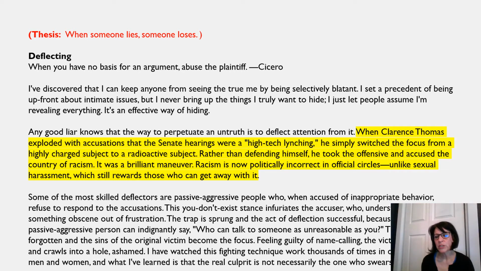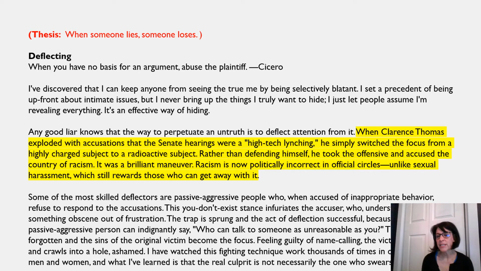And his strategy or his defense was not to really address the issue of whether or not he was harassing her or not, but instead he claimed, look, the only reason why you've gone after him is because of racism. He said, I am the successful, smart black male, and so you're trying to take me down. And so what he does is he deflects the real charges, and he doesn't have to deal with them.